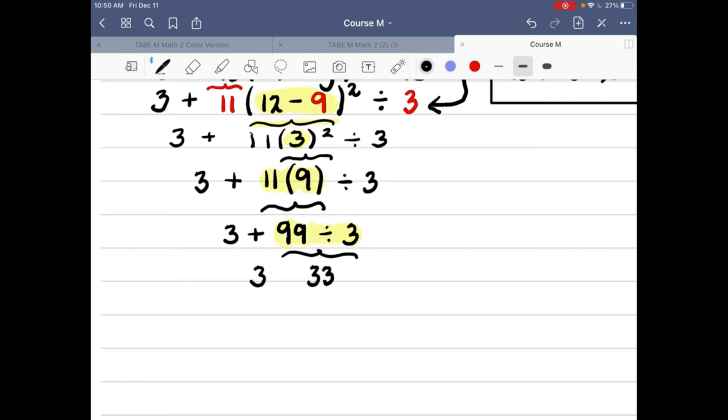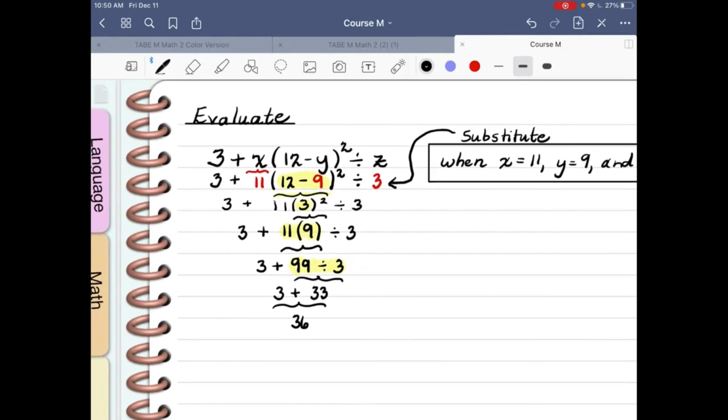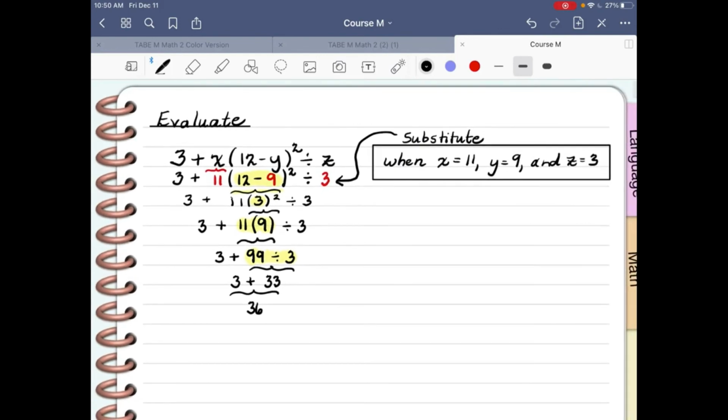And then 3 plus 33, finally we get there. We have to do all the math there is to do. And we get a 36. So when you evaluate that expression, you end up with a 36 as that simplified answer.